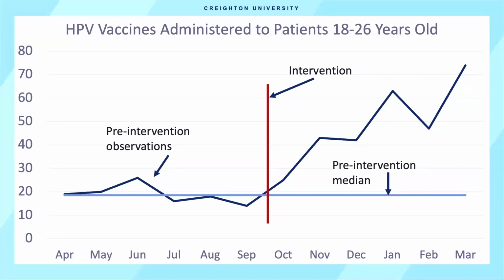We tried to involve a statistician at one point, and then that fell through. So we just used whatever statistics methods were available to look for significance. But yeah, 5 points, I believe, is what you're looking for above the pre-intervention median.